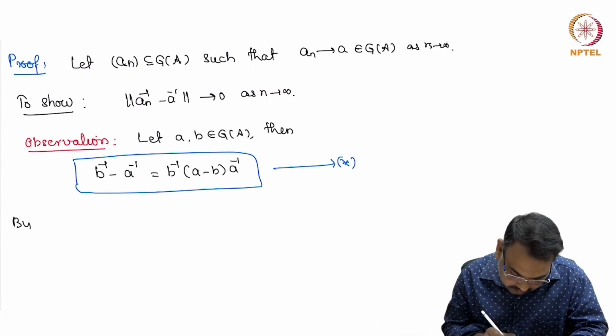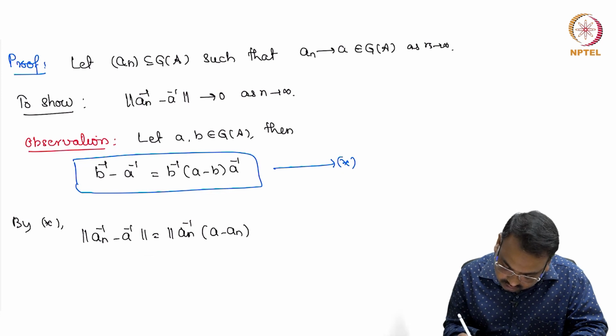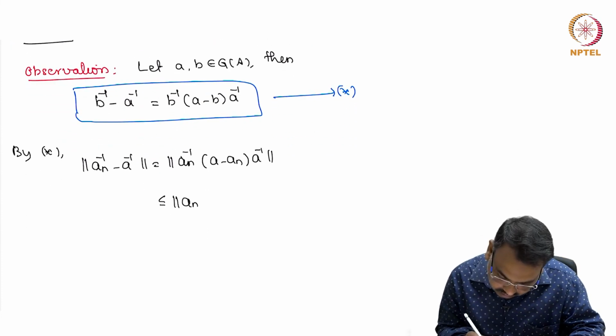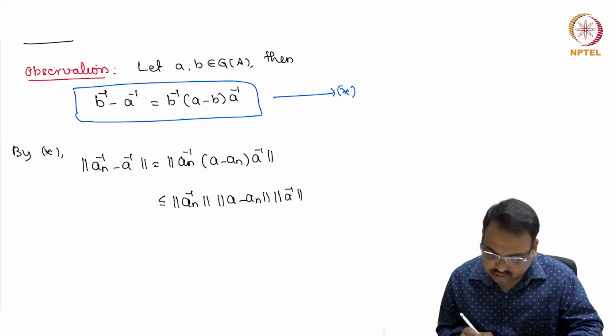By star we can say that A_n inverse minus A inverse equals A_n inverse (A minus A_n) A inverse. So by the algebra norm condition, the norm is less than or equal to norm of A_n inverse times norm of A minus A_n times norm of A inverse.